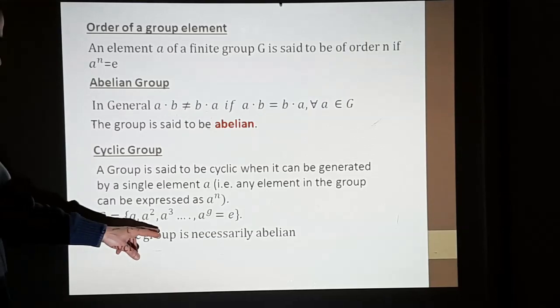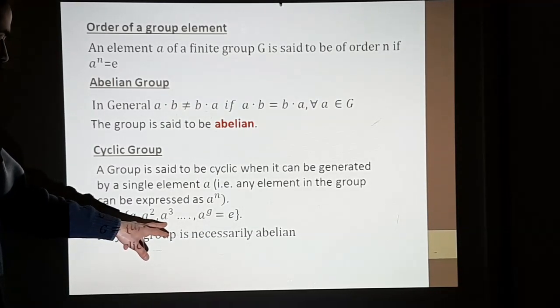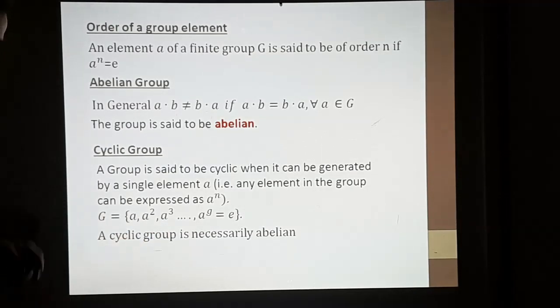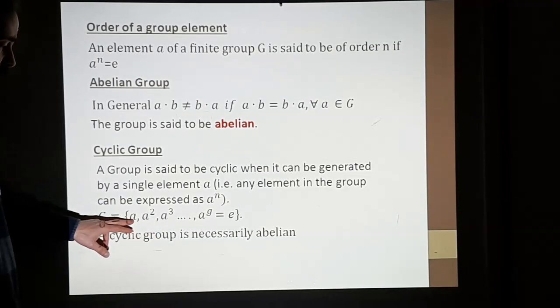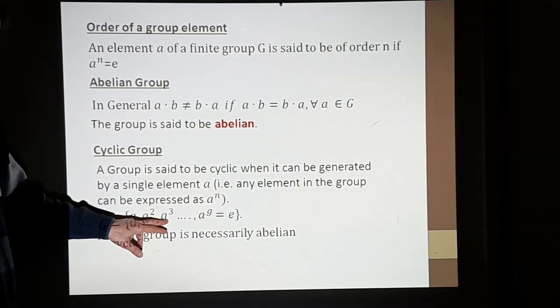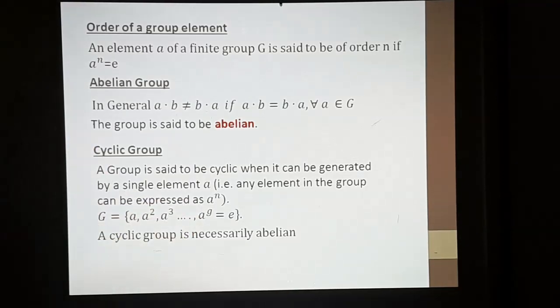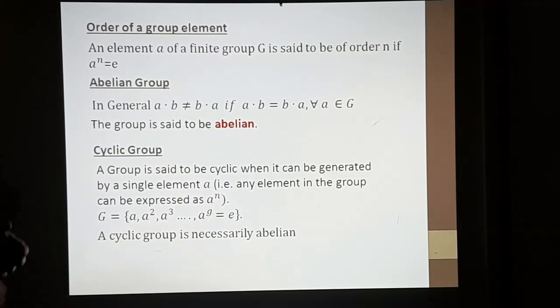Because if, for example, A cubed is equal to identity, or A power n, okay, so this element will generate only these three elements, and not all the group. Now, a cyclic group is necessarily abelian because any element commutes with its power.